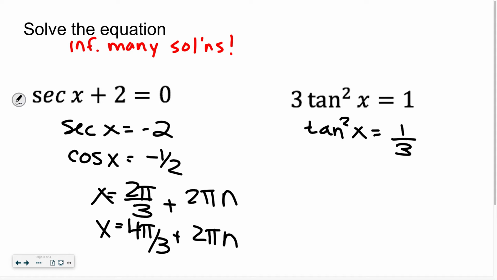And if you ever get to this point and you're like, well, I don't know any tangents that are 1/3, it means you haven't stopped solving, right? You have some more work to do. Since it's tangent squared, what are we going to do to both sides? Square root.